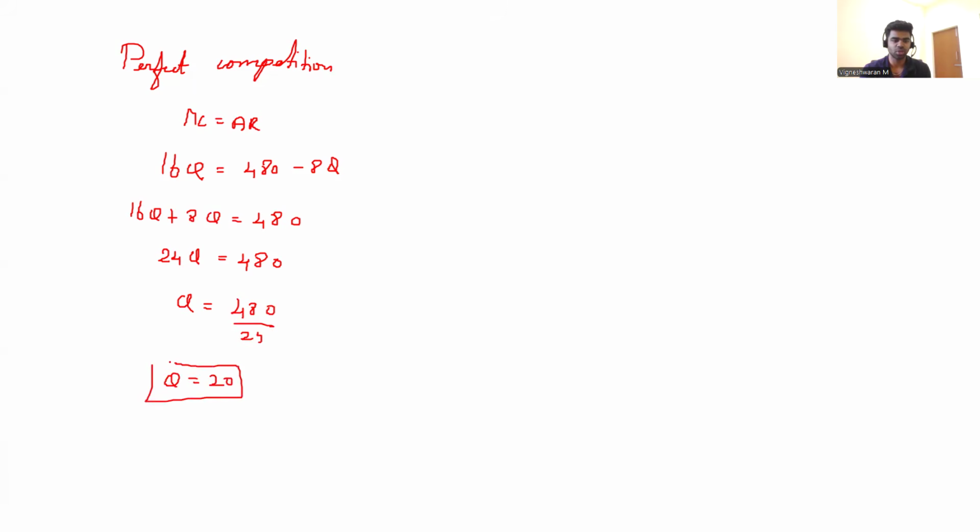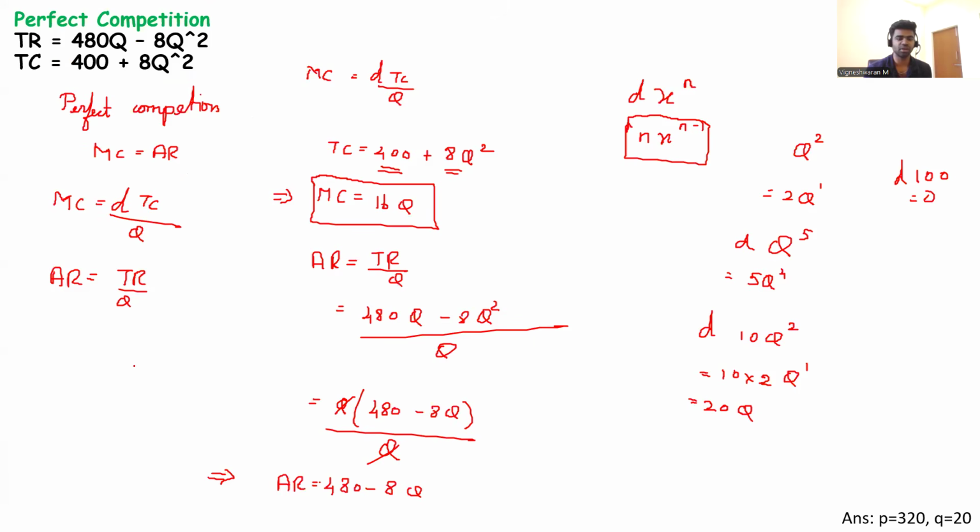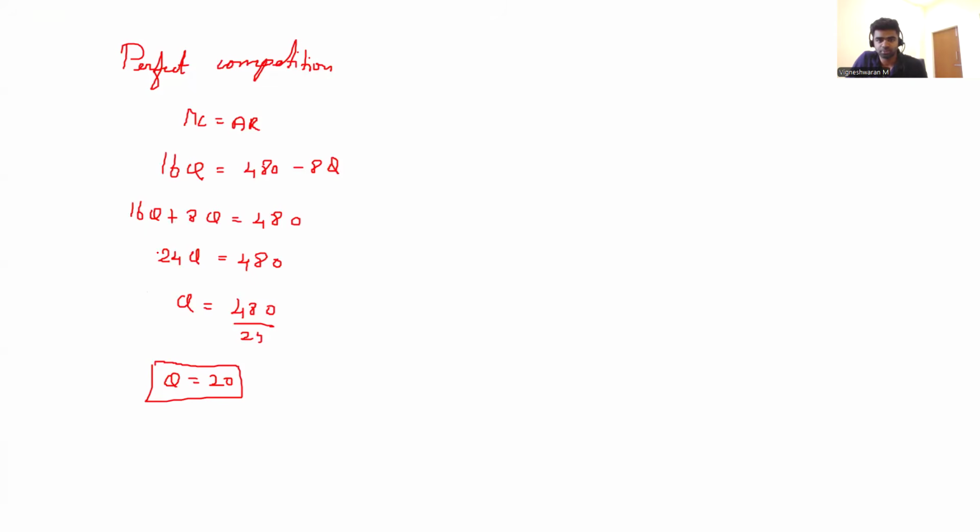So we found the quantity. Now we have to find the price. In perfect competition, I already told you, MC is equal to AR is equal to price.